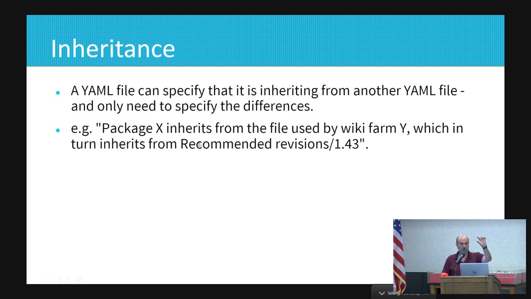You can just have a small YAML thing that says inherit from what the wiki farm people are doing, but remove these 3 extensions and add this other extension, and they in turn are doing the same thing. And so you can have a chain of things which can get insecure in some ways, but actually no, it won't be insecure if you're always using a specific revision ID. But anyway, it's a lot simpler than starting from scratch.